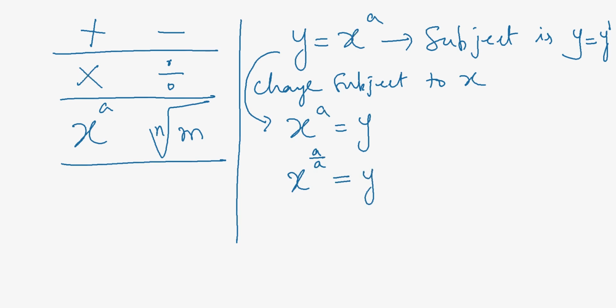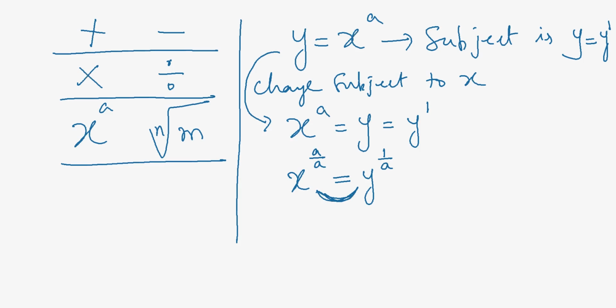And that makes us y raised to the power of 1 over a, because previously this is nothing but y raised to the power of 1. As the left hand side whole quantity power is divided by a, we have made some disturbance to the equation balance, the equal sign balance. So we need to do the same operation on the right hand side also.